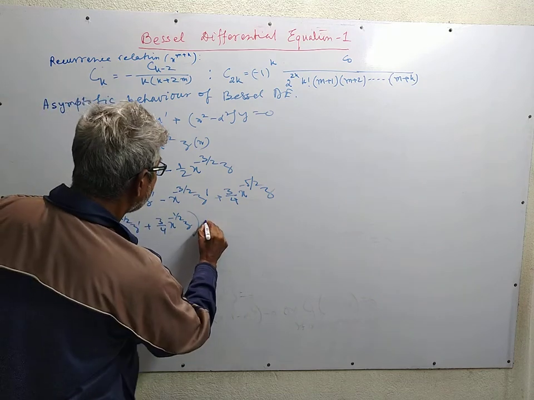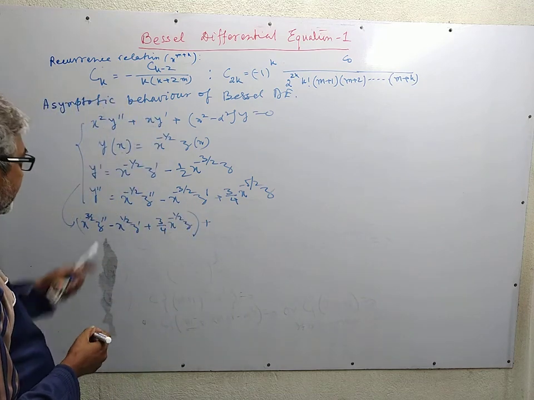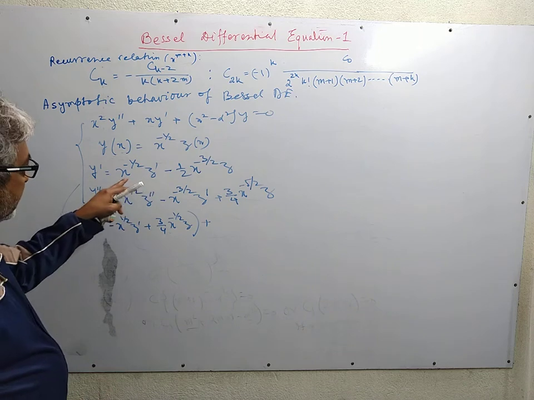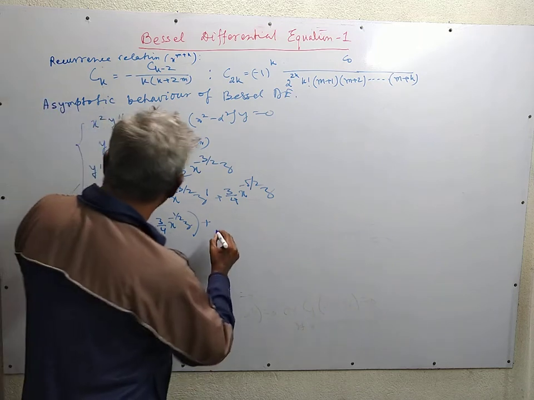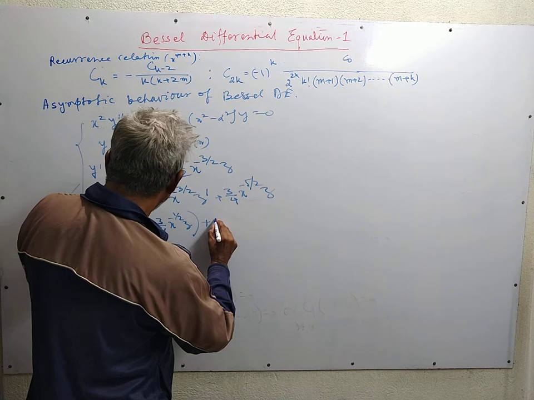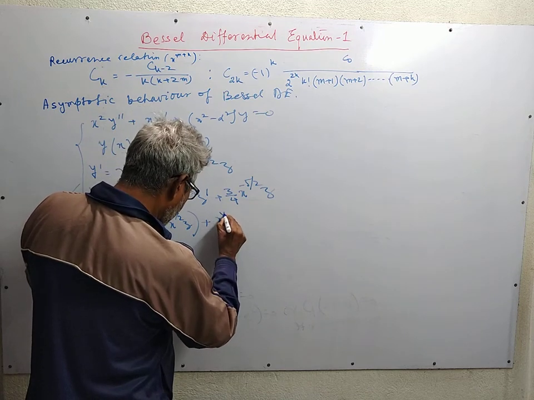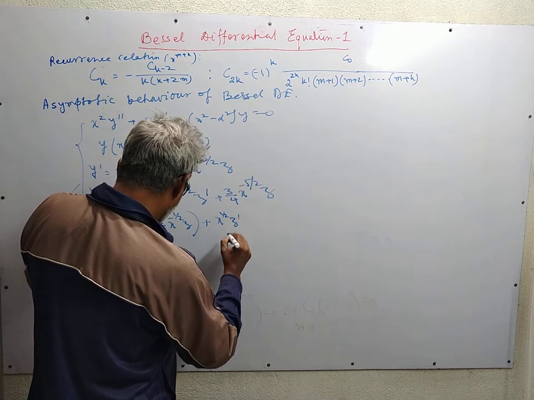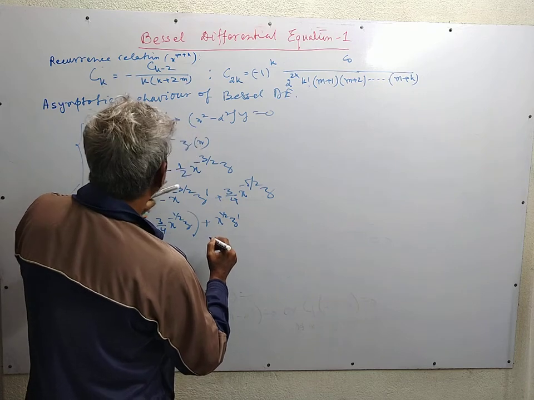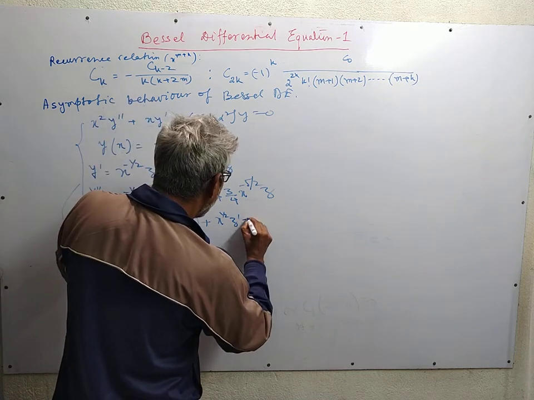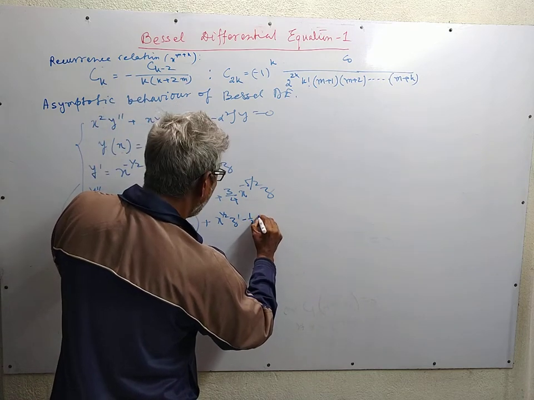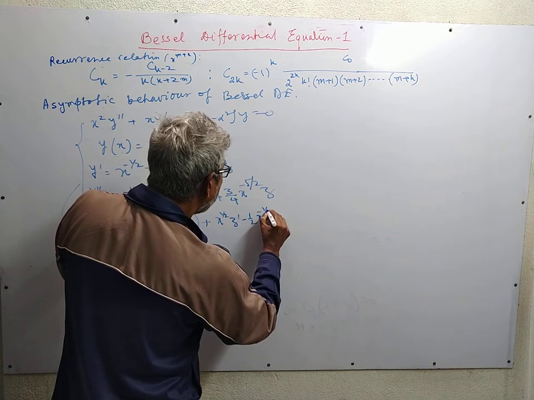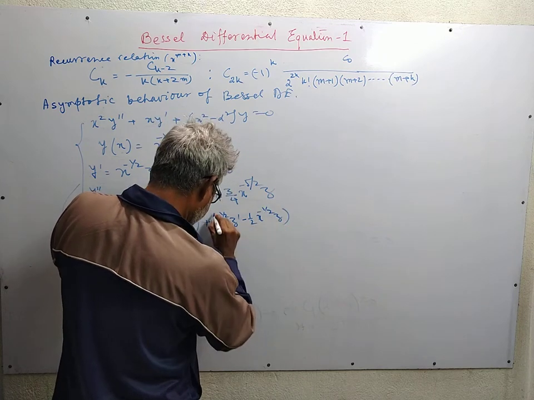Then the second term has to be multiplied by x. So this gives you x to the power half z prime, and minus half x to the power minus half z.